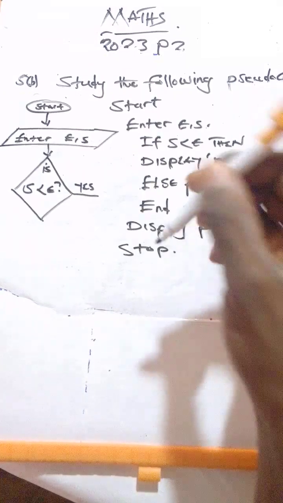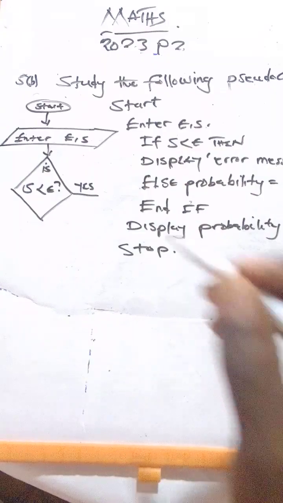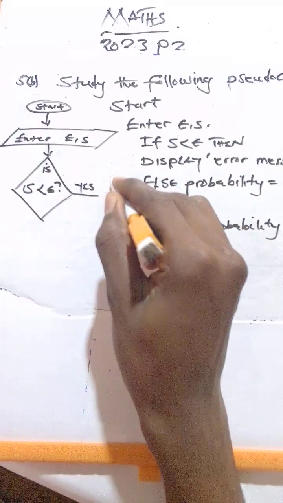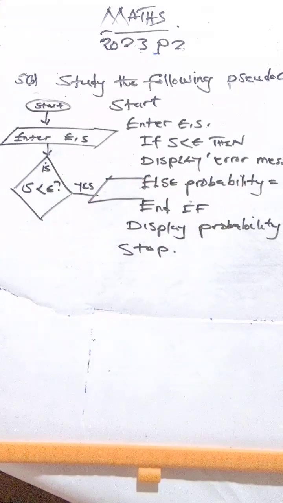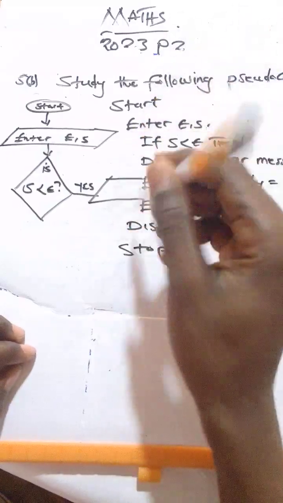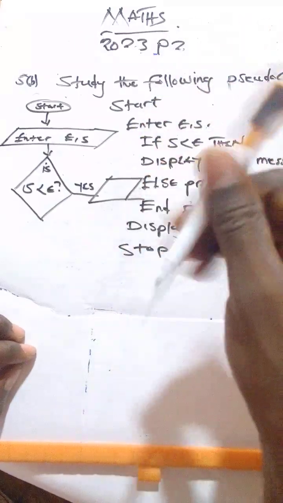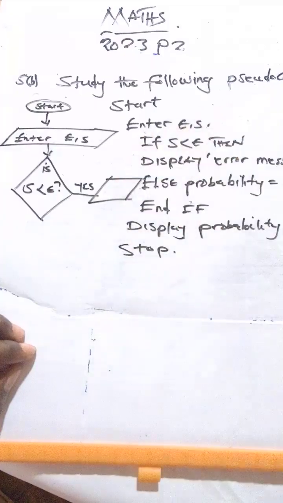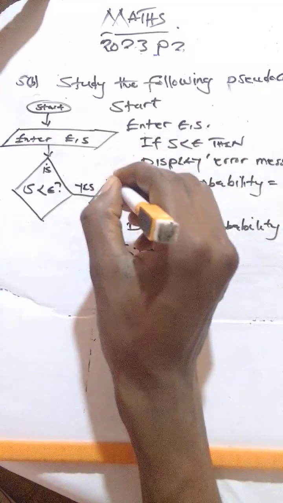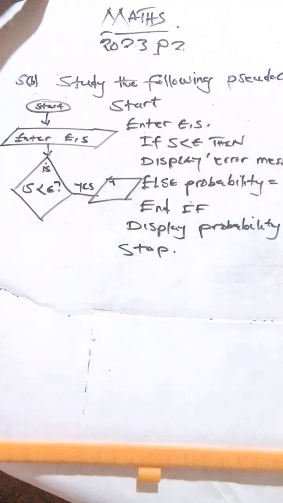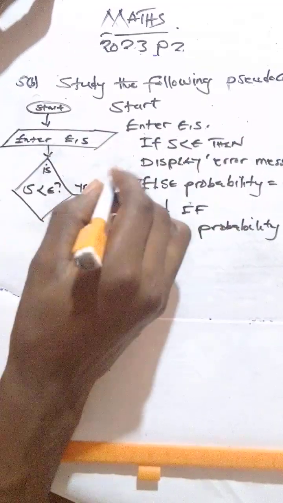Then from here, if yes, display error message. Therefore, we'll draw our parallelogram shape here. Okay, so this is our parallelogram shape. Then I will say display error message. I've run out of space.